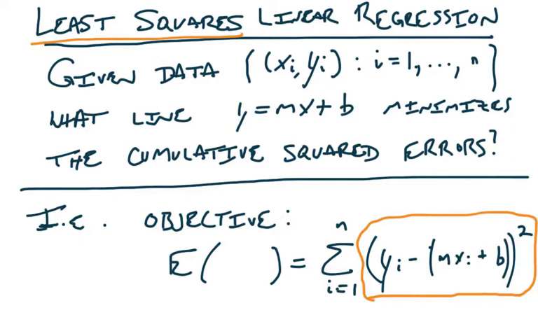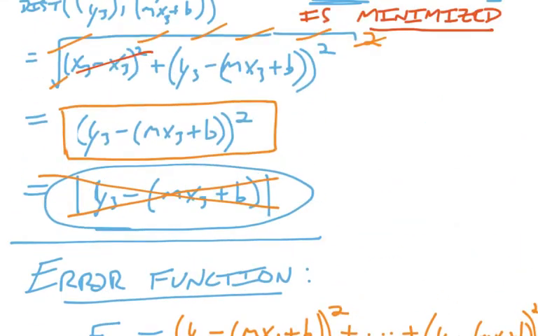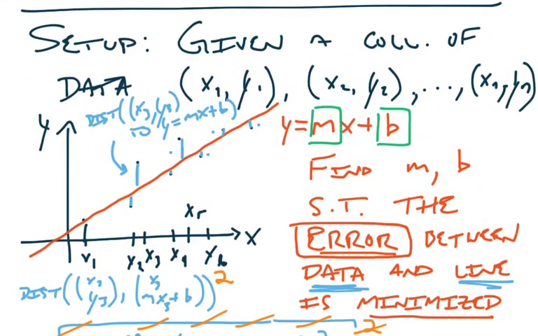So this is what I was trying to say earlier when I said that there are a lot of different ways of measuring errors. This is not the classical way of measuring error in a sense, right? This is not just a straight line distance. And if I go back a page, it's not even the straight line distance from the data set to the line, right? It's not the closest possible point from the data set to the line.